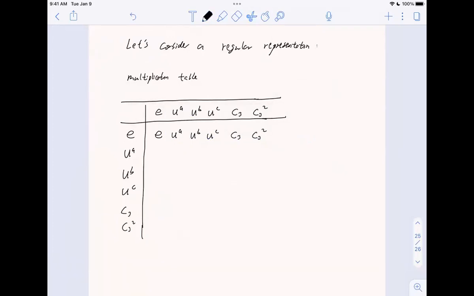Then UA times UA is also E, and then this will be UA, and then let me see, what should I get? This will be C3. This will be C32. This will be UB, UC.